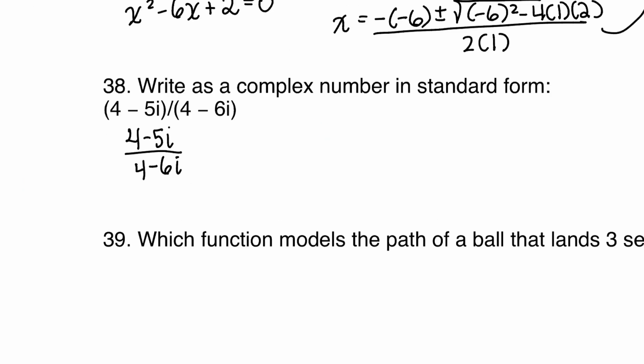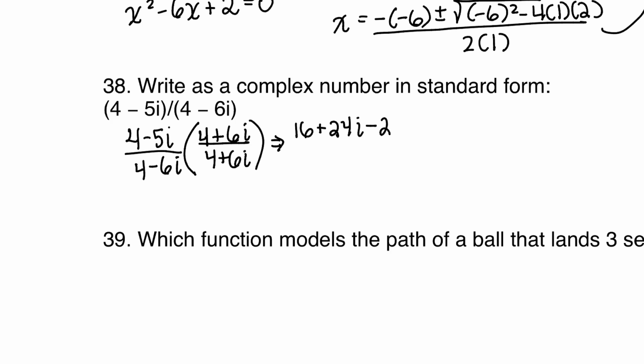Number 38, write as a complex number in standard form. This is another complex conjugate that we will need to multiply. So let's FOIL the top. We're going to get 16 plus 24i minus 20i minus 30i squared.